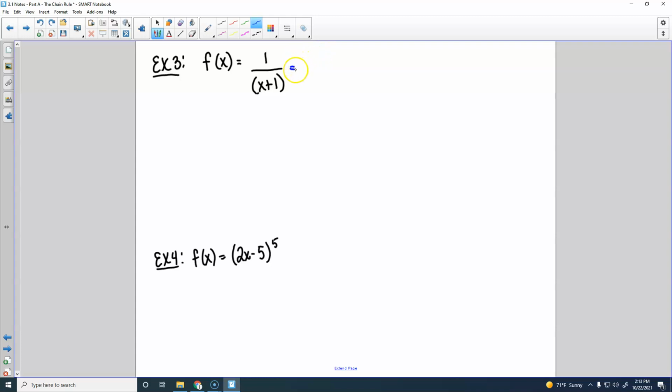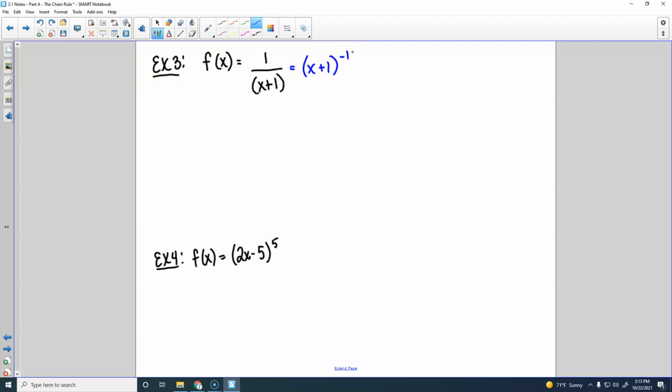So the other way that you could write this is as x plus 1 to the negative 1. Now, you don't have to do it this way, so if you hate doing it this way, you can use quotient rule. Just be careful because the derivative of 1 is 0, and a lot of people still put it as 1, and then they mess it up.